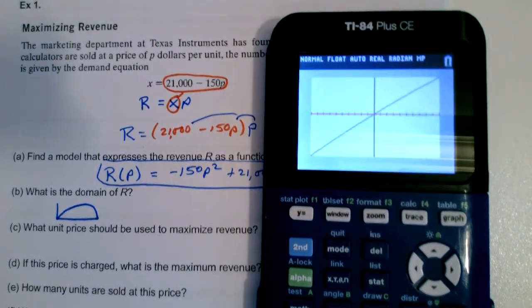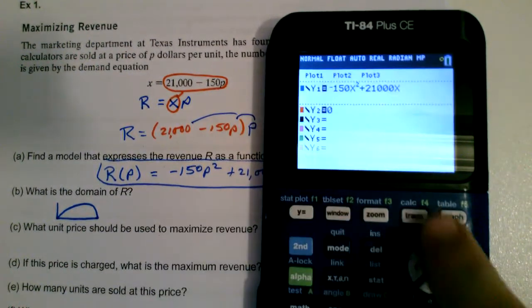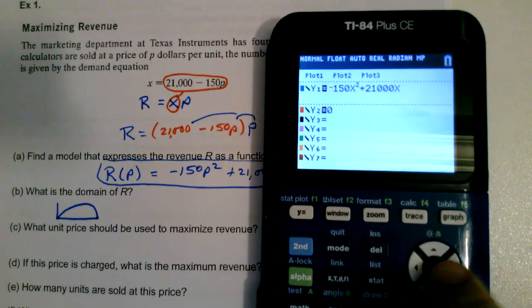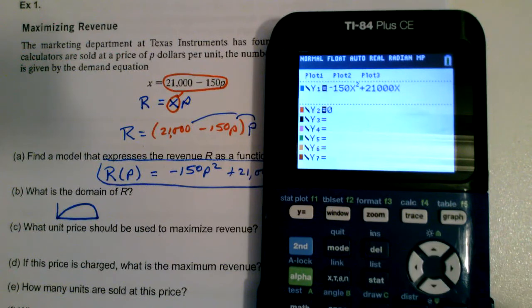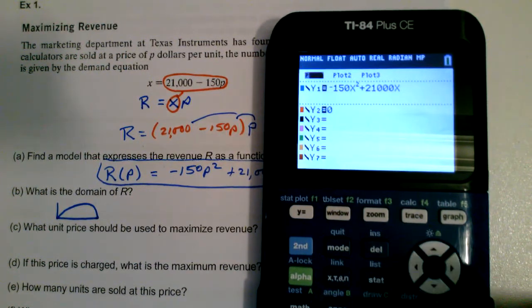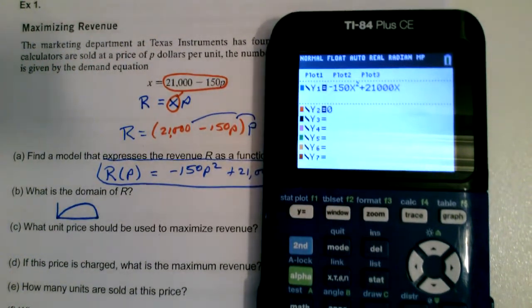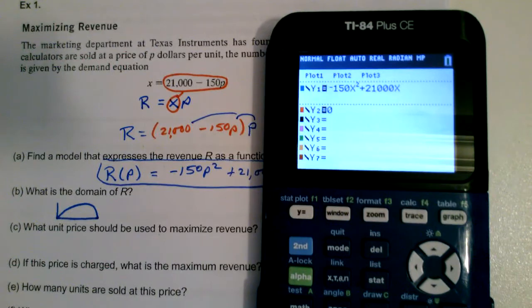How do I turn the plots off? Go to y equals. If you're getting a dim mismatch error, you probably have your plots highlighted up here. Go up there and turn them off. Press enter. Turns them off. Okay, thank you.